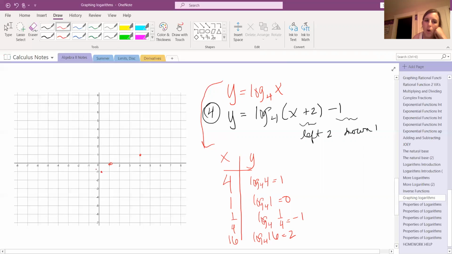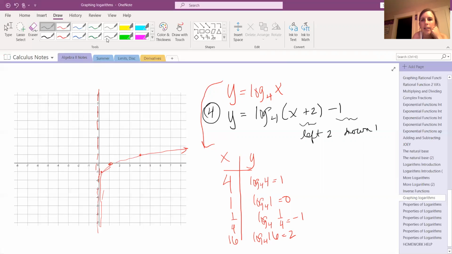So the logarithm, all the graphs really look similar. Notice this one looks almost exactly the same, except instead of going out to 5, I'm going out to 4. So let me graph this here. And in order to do this one, I'm just going to go left 2, down 1. Left 2, that's going to move my vertical asymptote left 2 units.